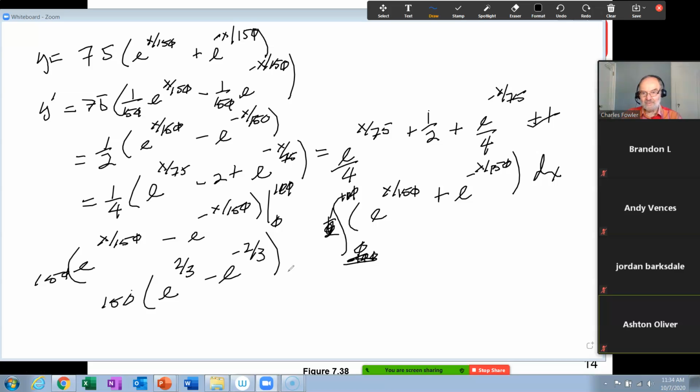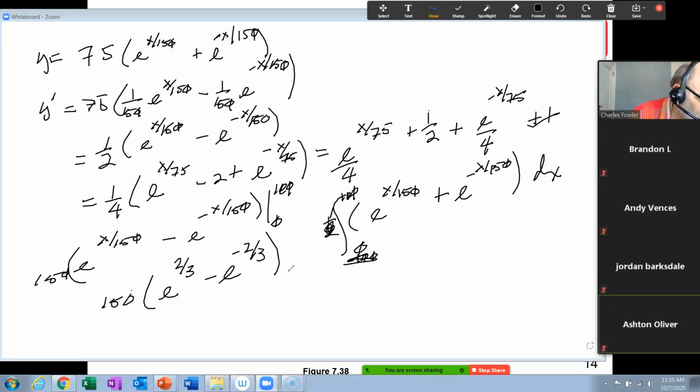Press equal and multiply that by 150, and I got something like 215. Yes, yes, yes, that's the answer they got in the book. Something close to 215 feet.